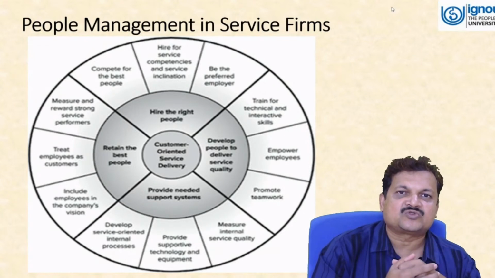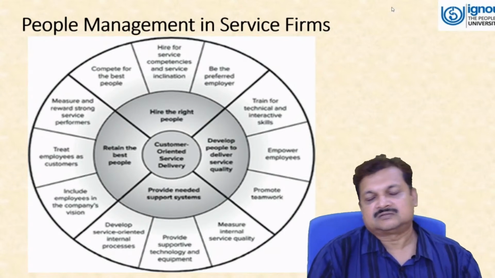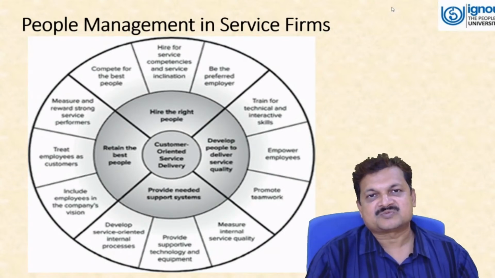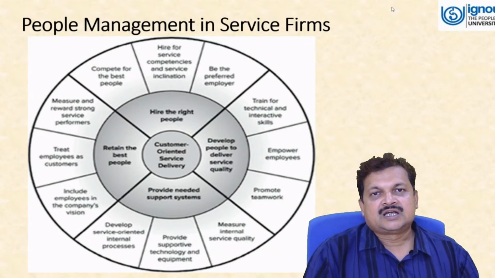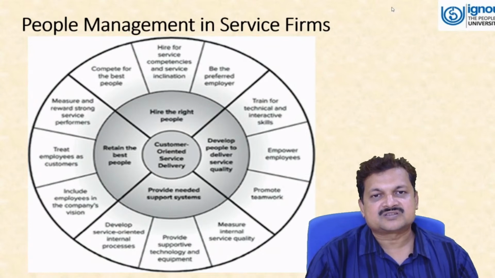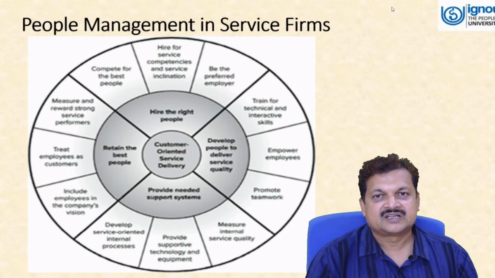Here you are going to find that service competencies must be better, so that people compete with each other, and there is an enhancement of your service performance. Be the preferred employer. Always be the preferred employer, meaning the employer will always like you because of your good work in the market or interacting very well with the customers.